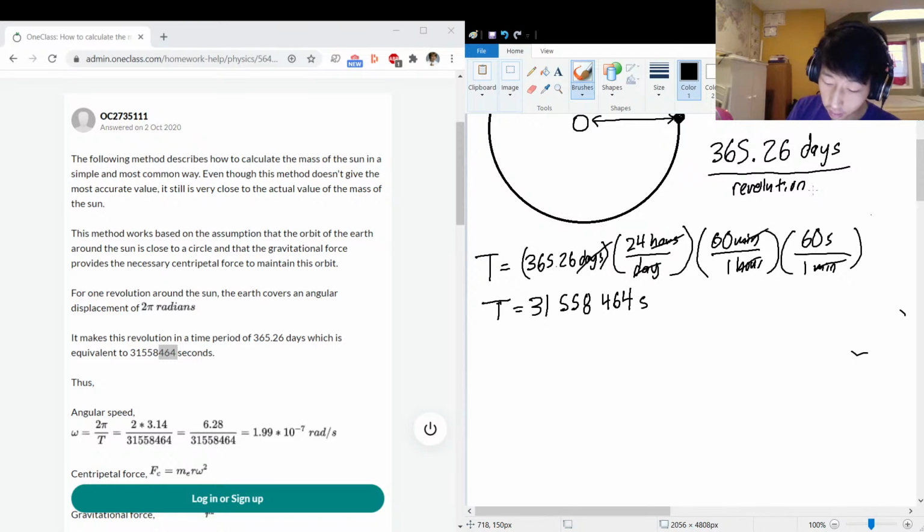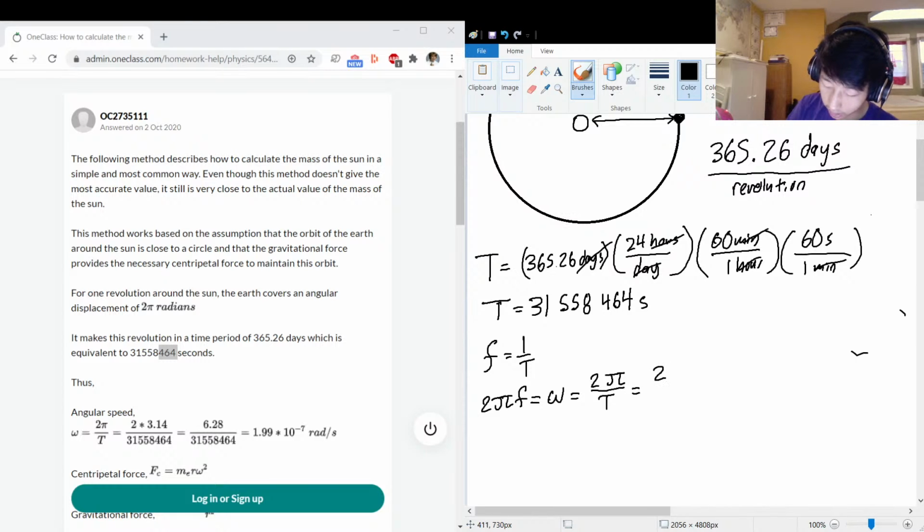Okay, so first is the frequency, which is equal to 1 over T. So how long you take to do something, the reciprocal of that is how many times you're doing it per second or per unit time. And we know that 2 pi times f is equal to omega, and omega is the angular velocity. So we can multiply this whole thing by 1 over T. So 2 pi divided by T is equal to angular velocity.